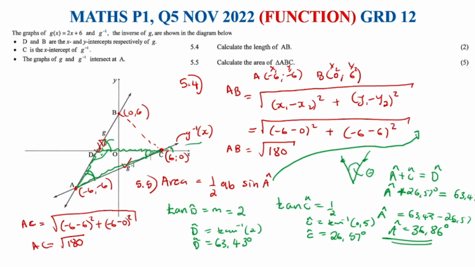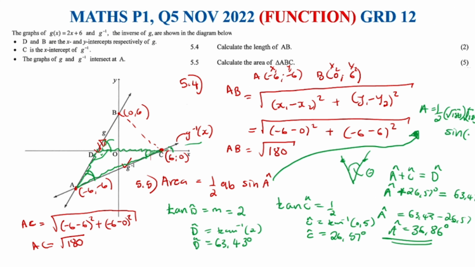Let me just move up here and say the area will therefore be equal to half. We know the distance of the two sides, it's square root of 180, and also square root of 180. I'm hoping you guys can see what I'm writing here.